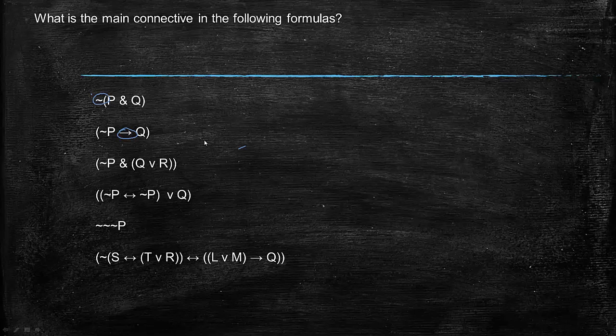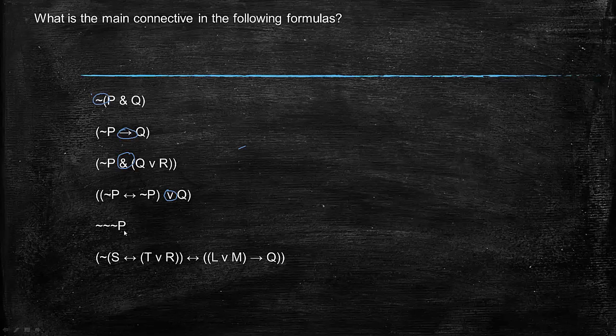Smallest formula that contains the or is Q or R. Smallest formula that contains the negation is not P. So here it's and. Smallest formula that contains the biconditional is not P if and only if not P. So here the main connective is or.